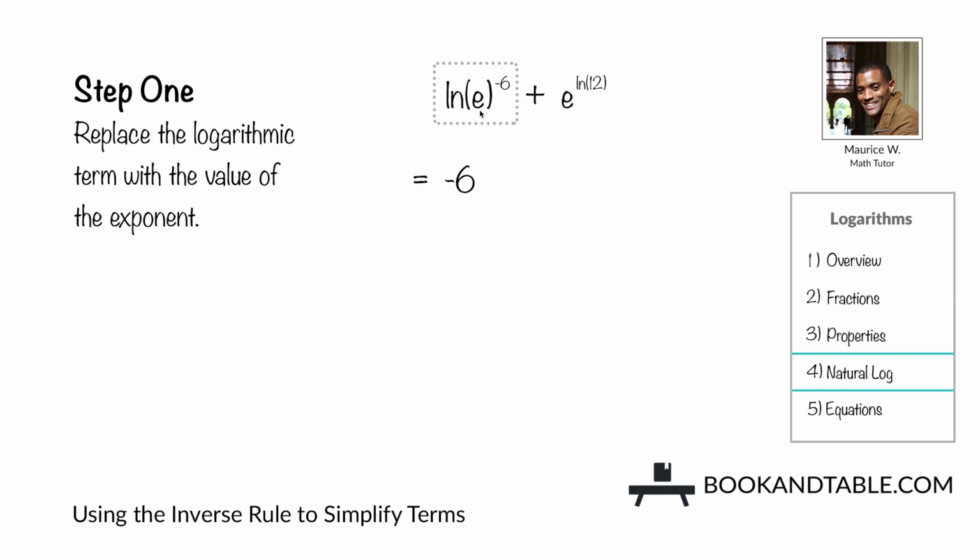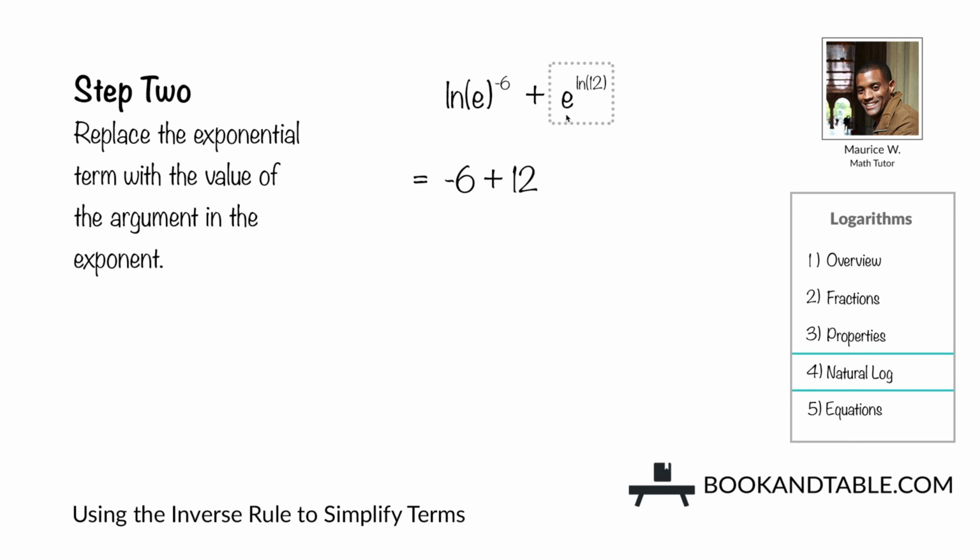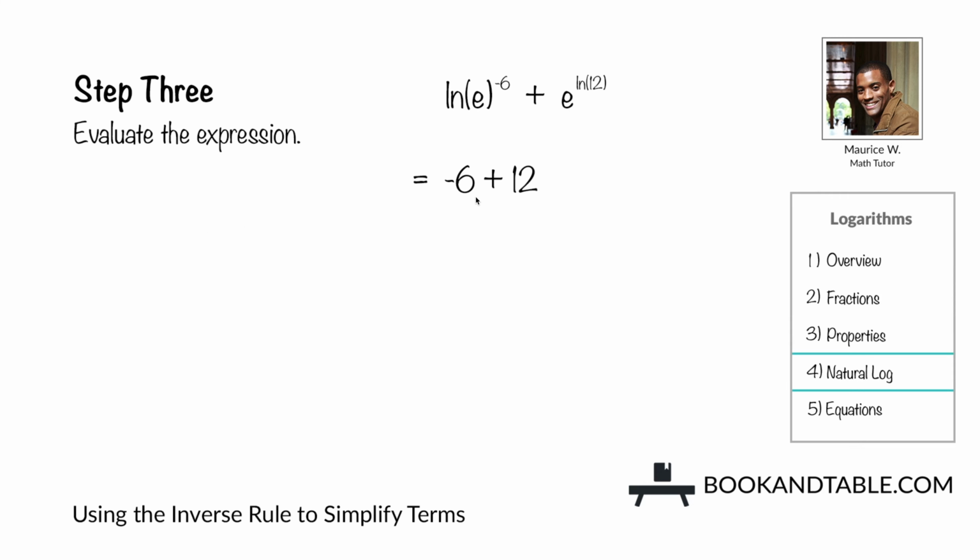The natural log and the e cancel out, leaving us with -6. And now for the second term, we want to replace the exponential term with the value of the argument of the exponent. So this e and the natural log cancel out, leaving us with the term inside of the parentheses, which is 12. So we wind up with -6 plus 12. And once we evaluate this, we see that -6 plus 12 is equal to +6.